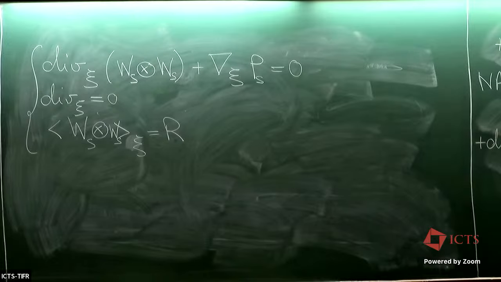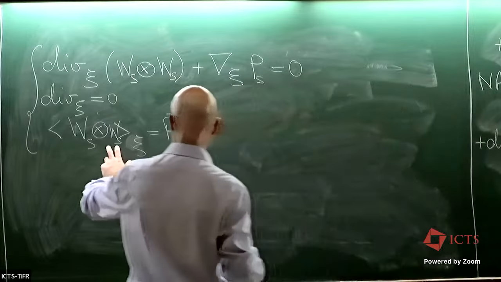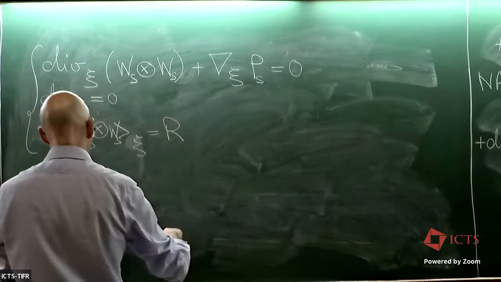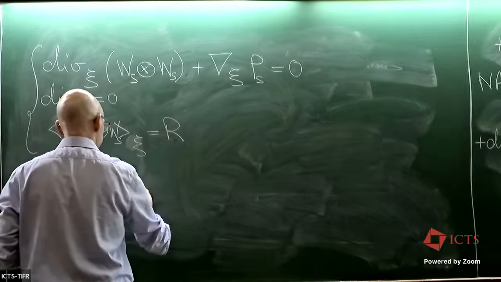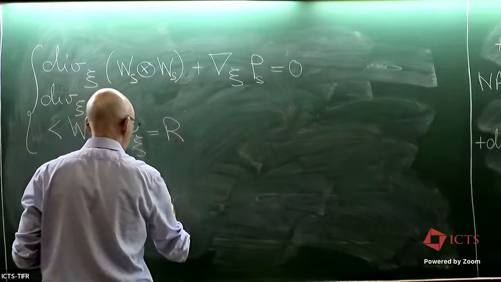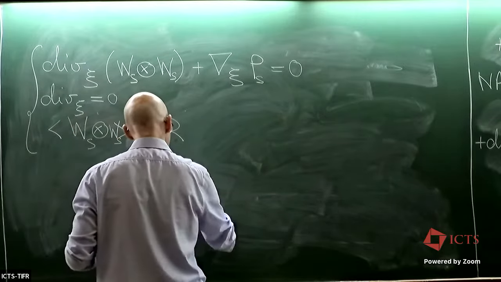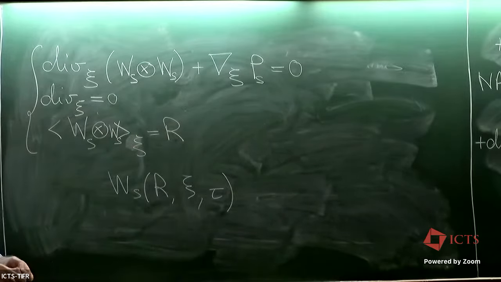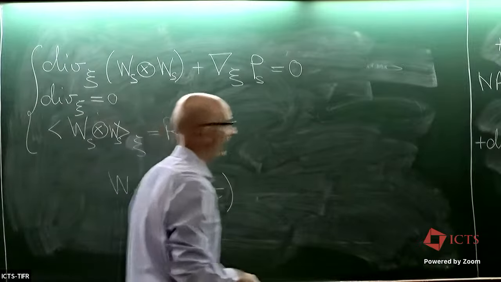So I have this manifold of solutions, which should vary smoothly with R. So it's really a manifold parameterized with R, which is solving the Euler equation and which is solving this algebraic condition. Okay, and there's many. And so this W stationary is a function of R, psi, and tau.